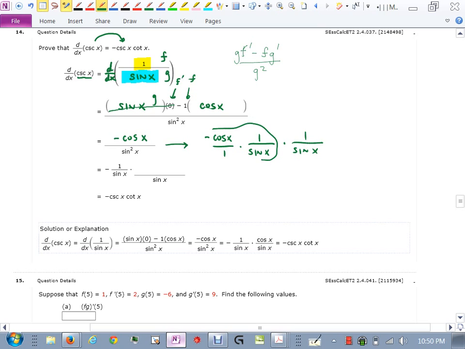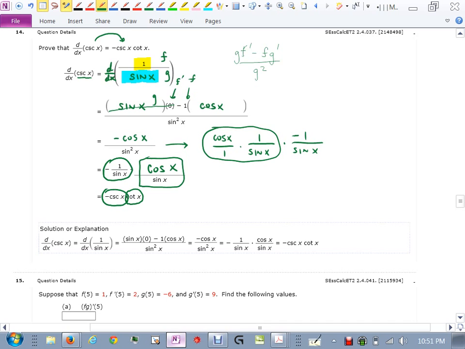And then notice that if you were to put those two back together, you would get, if you were to look at the negative, slide it out to this one, it wouldn't be there. And then you would have this and this. Cosine over sine. And we know by definition cosine over sine is cotangent, so there's cotangent. And then this was your negative 1 over sine, but 1 over sine is cosecant. So there you go.